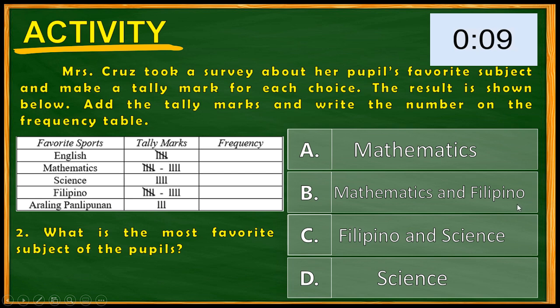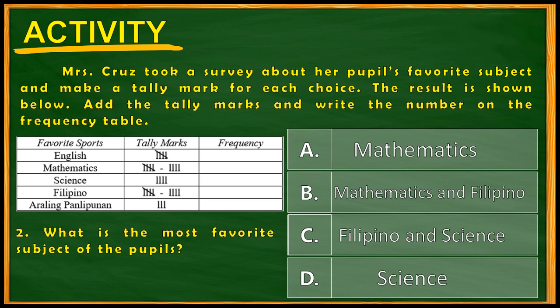And letter C, Filipino and science. And letter D, science only. Okay, so the correct answer is letter B because math and Filipino have the same frequency. This would be 9 and 9. So this would be the correct answer.